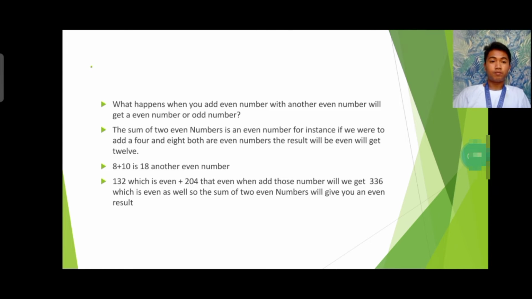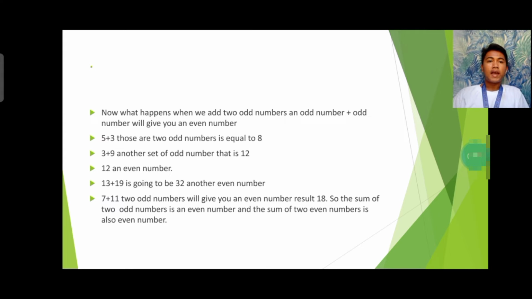Another example, 8 plus 10 equals 18. So 18, another even number. 132, which is an even number, plus 204, that is an even number. When we add those numbers, we get 336, which is an even number as well. So the sum of two even numbers will give you an even result.